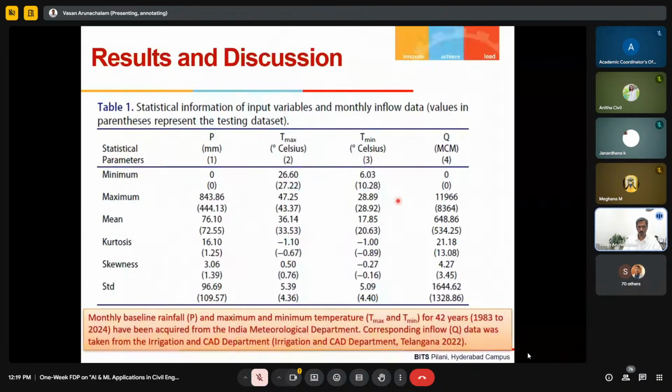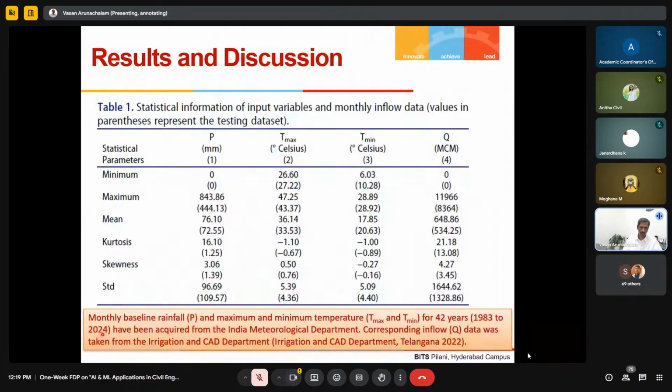So if you go very briefly, the statistical information of the input variables that you see, we did a lot of analysis with respect to the mean, kurtosis, skewness, and all these things to understand how complex this particular data is. And based upon this analysis, as I told you, this was for 42 years, from 1983 to 2024.